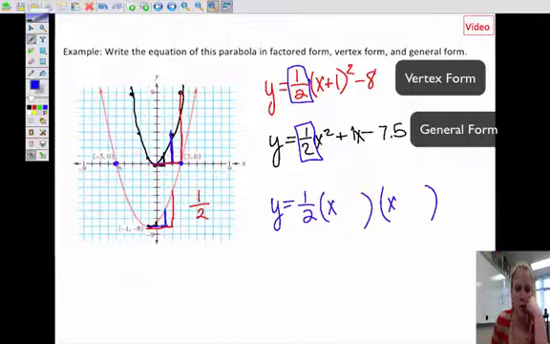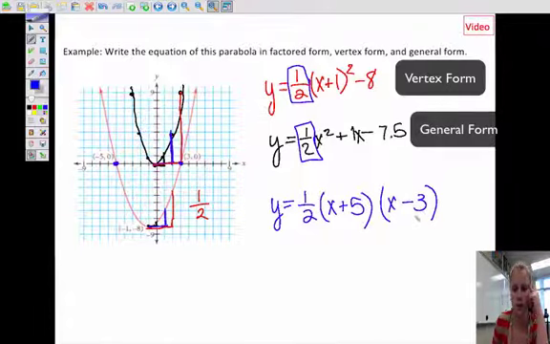So it turns out that if I have negative 5 as an x value, then my y value will end up being 0, which means negative 5 plus 5 would be 0. So negative 5 plus 5 would make this 0, and then everything would be 0, and y would equal 0 there, therefore giving me one of my roots. And 3 is also one of my roots, so a negative 3 would be in this set of parentheses to undo that.